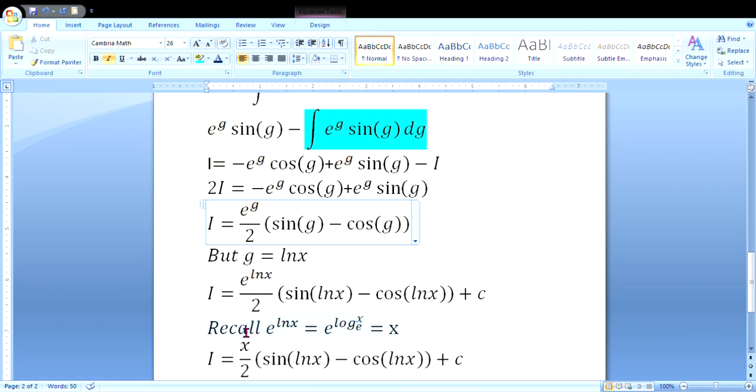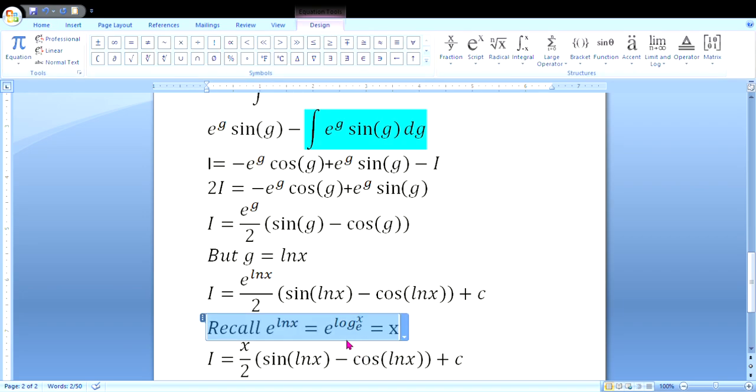We also recall that exponential ln x is the same thing as exponential log x to base e. From the law of logarithm, if the power and the base of a logarithm are the same, the answer is just that particular argument, which is x.